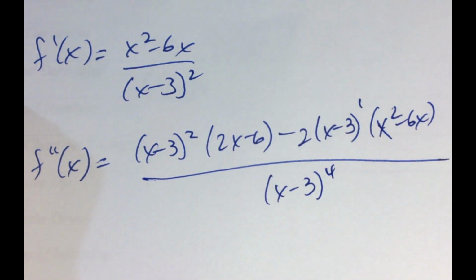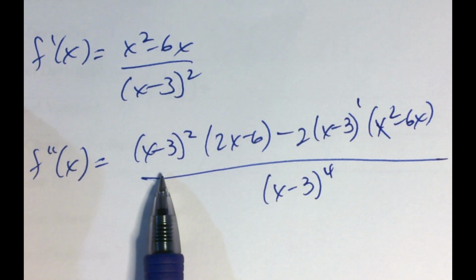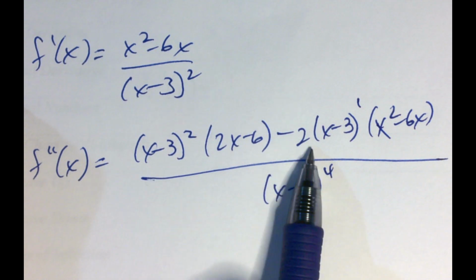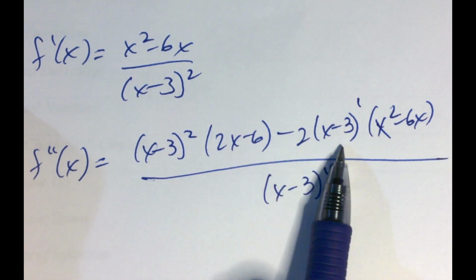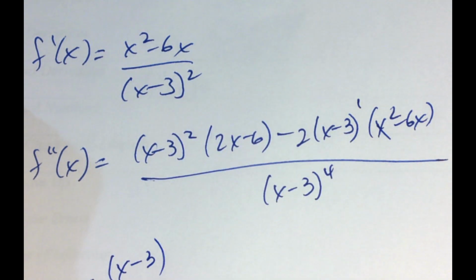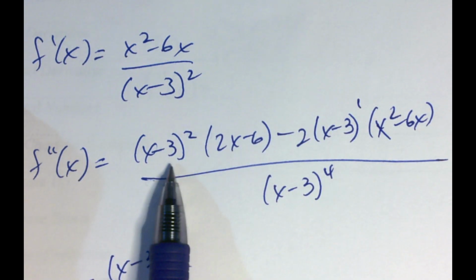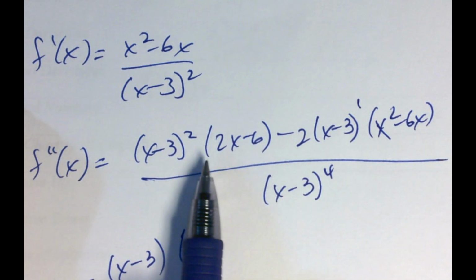All right, now let's clean this up. I'm going to factor out an x minus 3. Anything else come out? I don't see anything. So when I take an x minus 3 out, it's going to leave me x minus 3 and 2x minus 6.